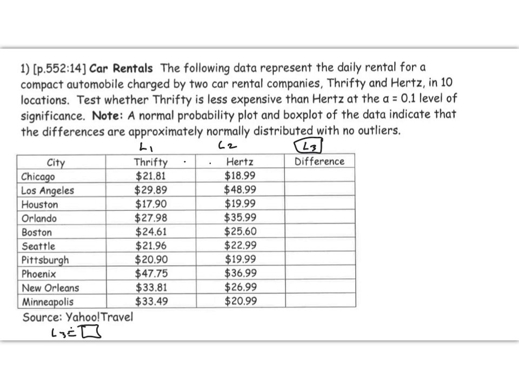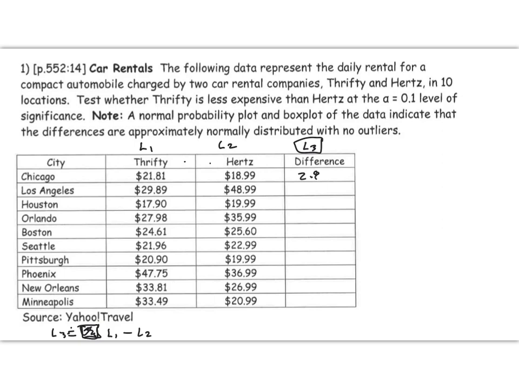Hit enter after you arrow up, not delete, not clear. Your little cursor is going to be blinking, and you're going to do second 1, which is list 1, minus second 2, and then just hit enter. And then a bunch of numbers are going to pop up.